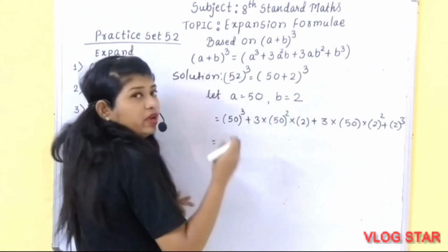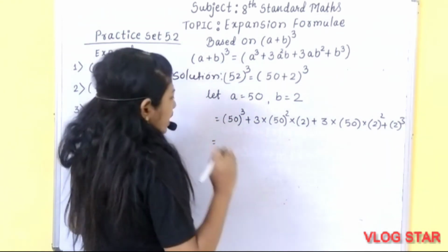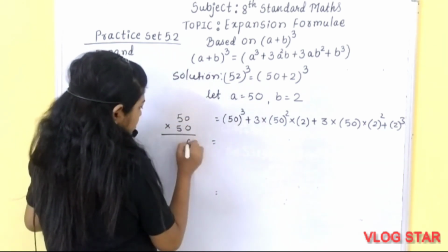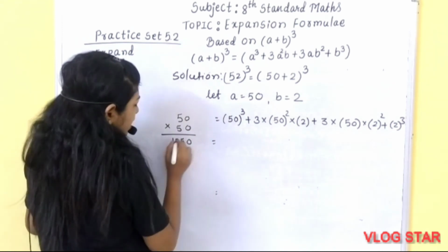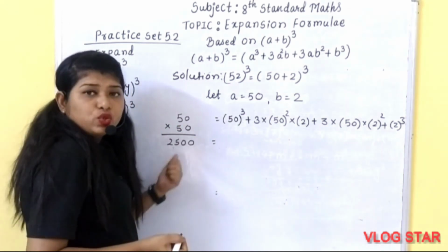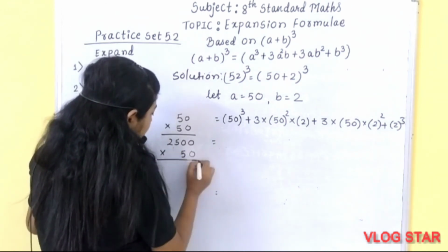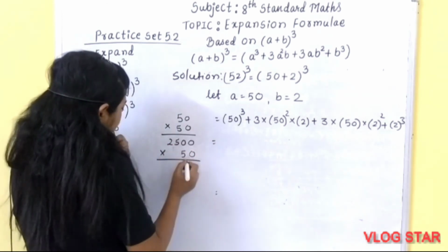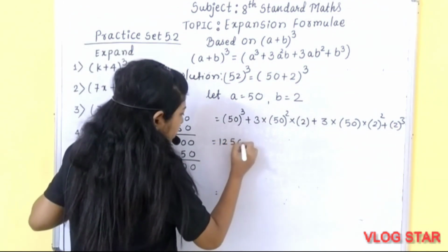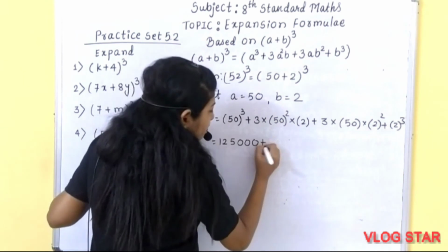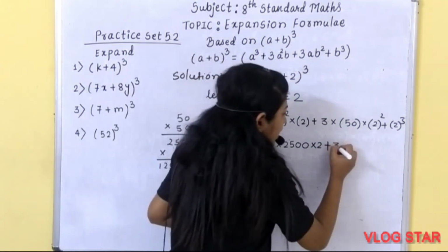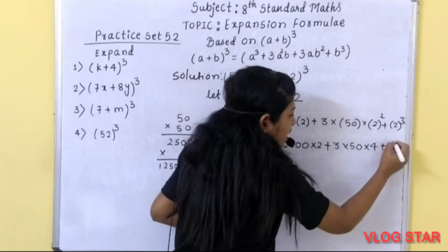So what is 50 cube? 50 into 50 is 2500, into 50 is 125000. So 50 cube is 125000 plus 3 into 2500 into 2 plus 3 into 50 into 4 plus 8.